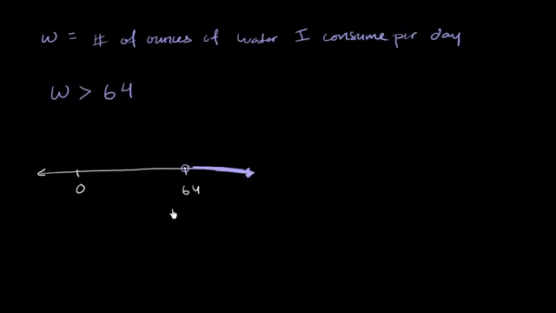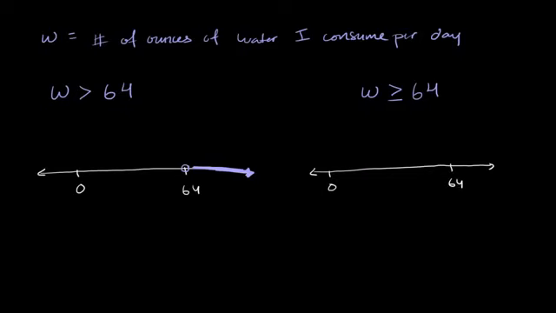Now, what if I want to loosen things a little bit? I was like, okay, it's okay if I drink exactly 64 ounces or more. Well, then I could write W is greater than or equal to 64. And the way that I would depict that on the number line, and obviously I'm not showing all the numbers in between, but let's say this is 0, and then we go all the way up to 64.